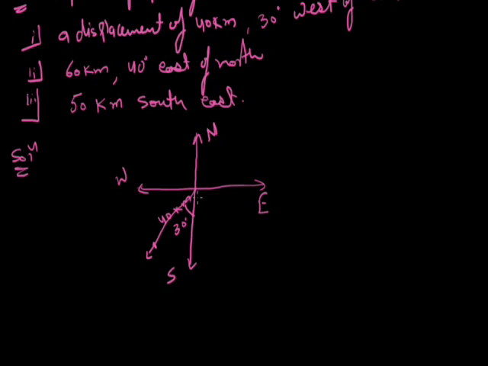The second one is 60 kilometers, 40 degrees east of north, meaning 40 degrees with north. The displacement is 60 kilometers. The last one is 50 kilometers southeast. Southeast means midway between south and east, at a 45 degree angle.